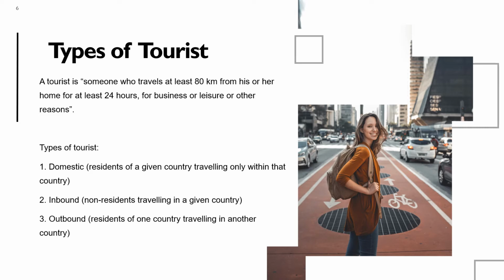A tourist is defined as someone who travels at least 80 kilometers from his or her home for at least 24 hours for business or leisure or other reasons. So, you are not regarded as a tourist when you travel no more than 80 kilometers and stay no more than 24 hours.